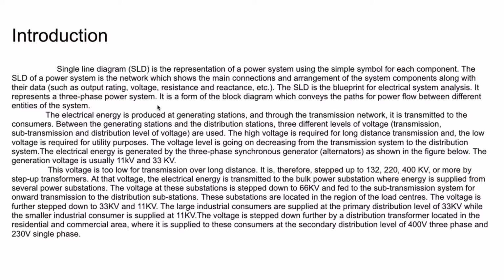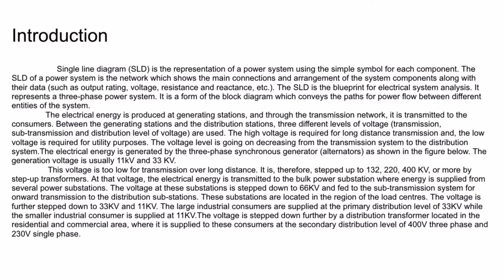Between the generating station and the distribution station, three different levels of voltage are used: transmission, sub-transmission, and distribution. The high voltage is required for long distance transmission, and the low voltage is required for utility purposes. The voltage level keeps decreasing from the transmission system to the distribution system.